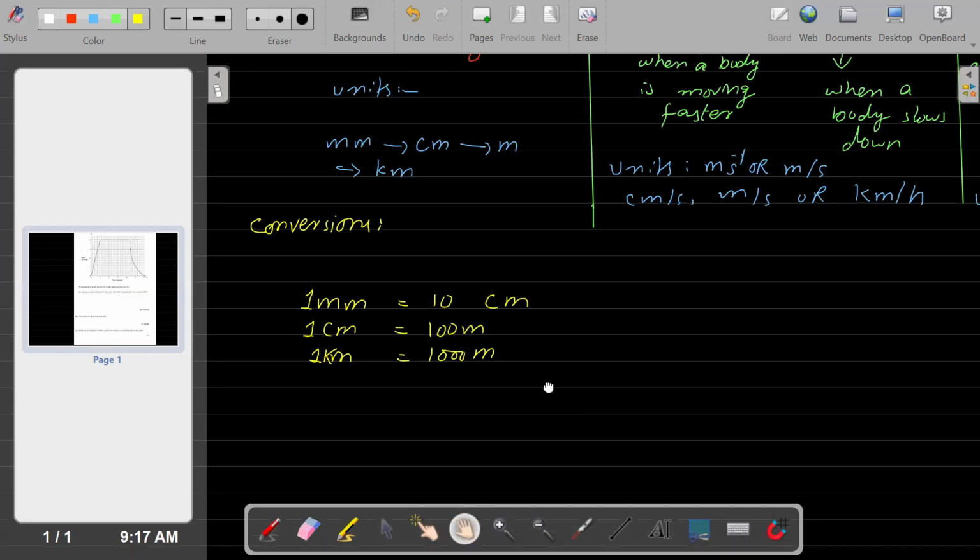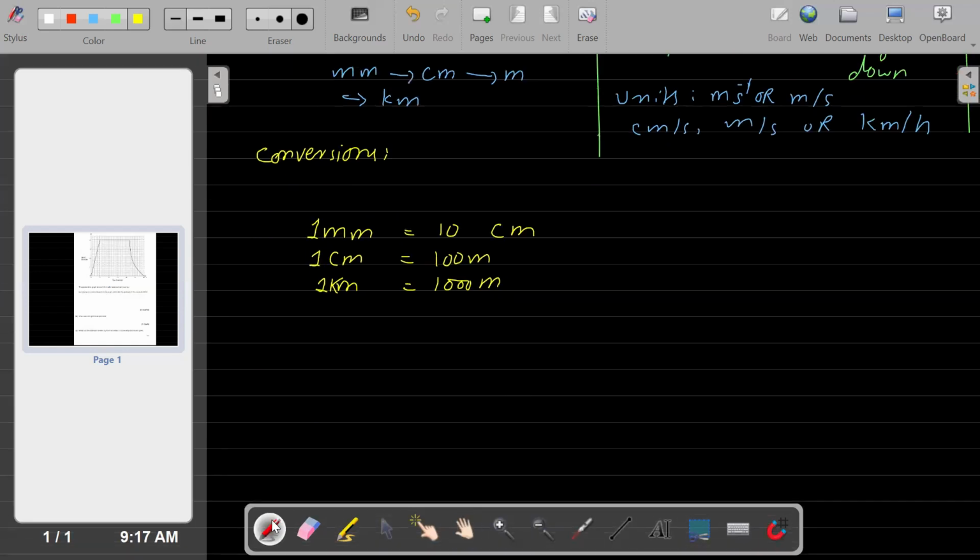Okay, I'm going to tell you a rule now. If you want to move from larger to smaller unit, simply multiply, and from smaller to larger, you have to divide. From centimeter to millimeter, multiply with 10, and from millimeter to centimeter, divide by 10.